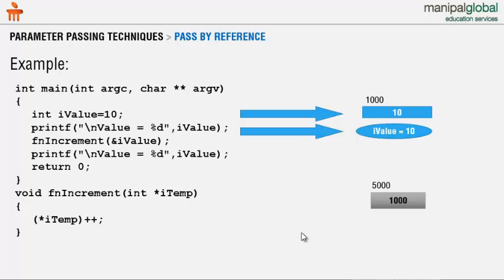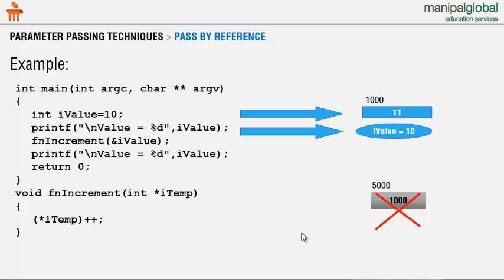So star itemp refers to the value inside the memory location 1000, which is 10. So from the called function, we are now able to refer to a memory space in the calling function. The moment I say star itemp plus plus, the value at 1000 becomes 11, right?